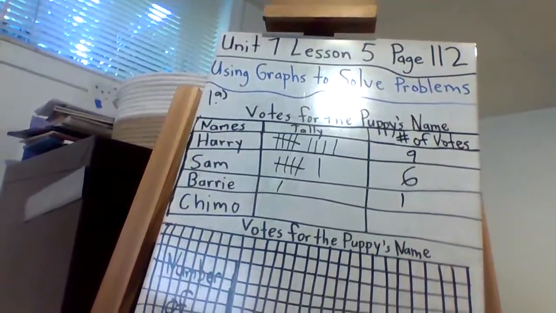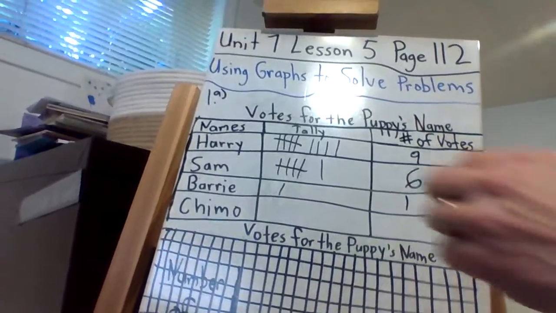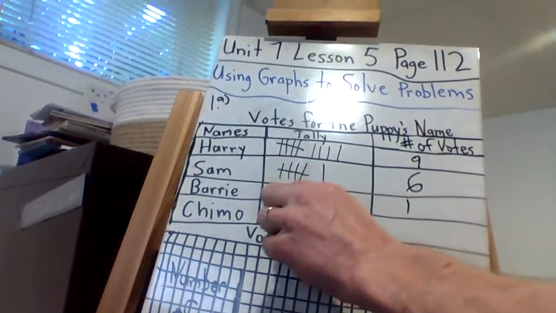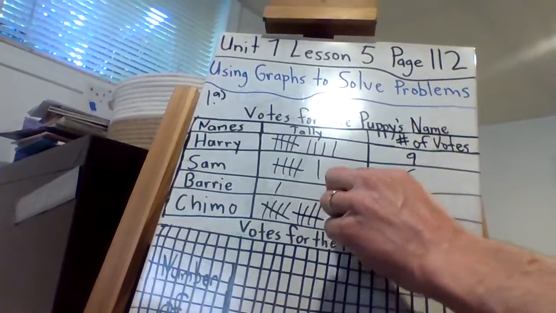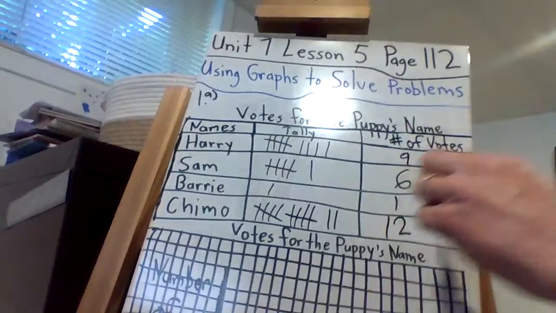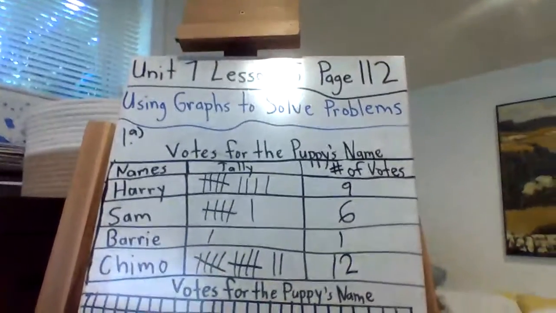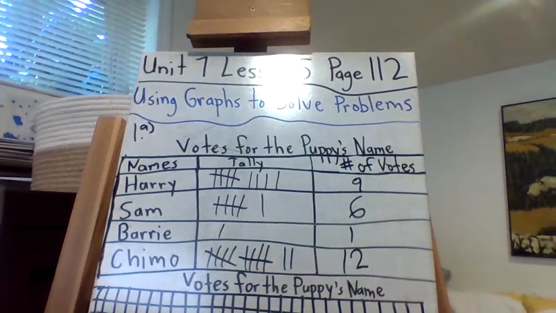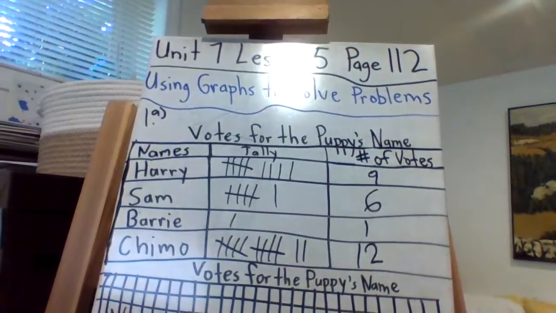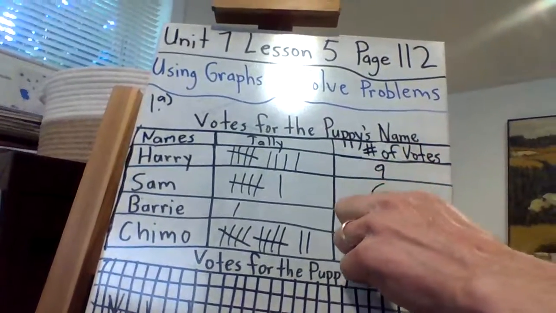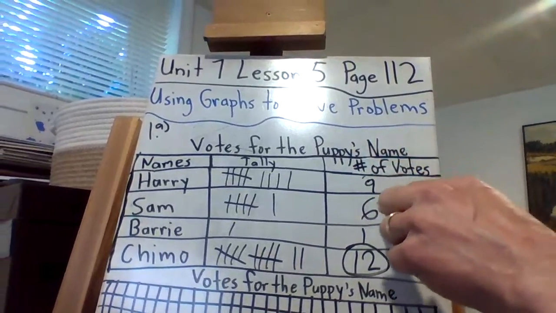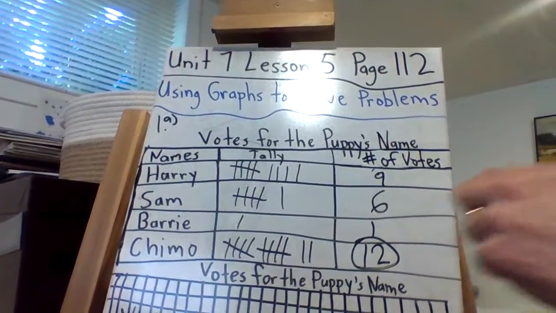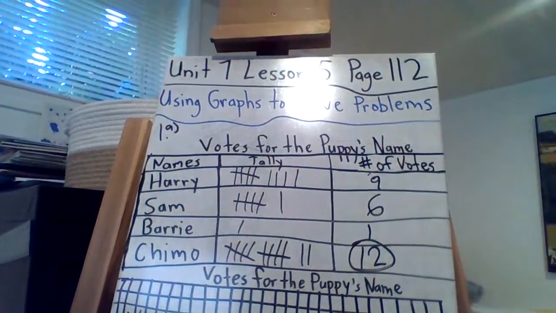And Chimo, as we can see, got 12. 1, 2, 3, 4, 5, 6, 7, 8, 9, 10, 11, 12. 12. Okay, so there is our tally chart. And you can see that, yes, Chimo had the most by about 3 more than Harry, double Sam, and 11 more than Barry, way more.